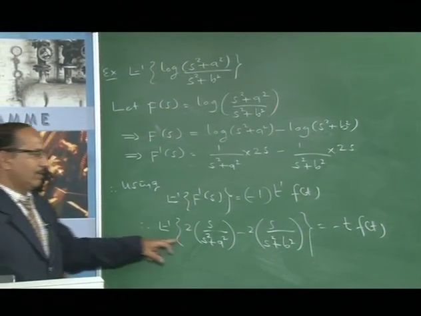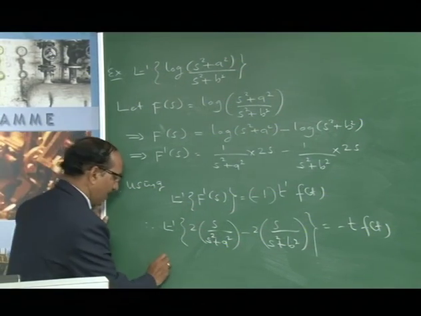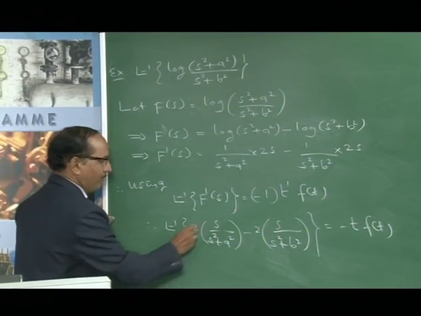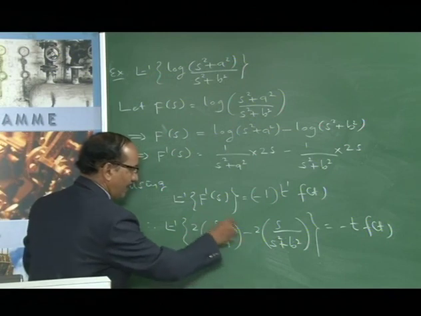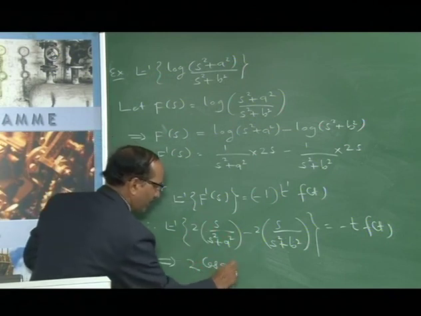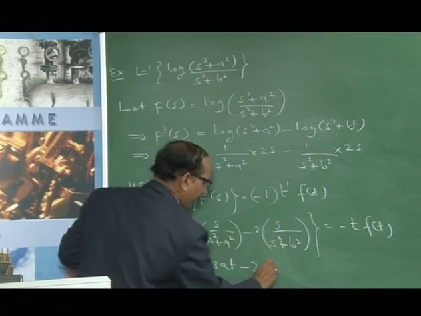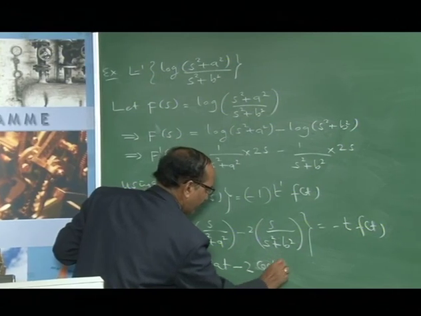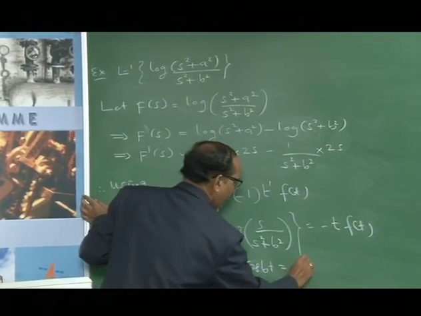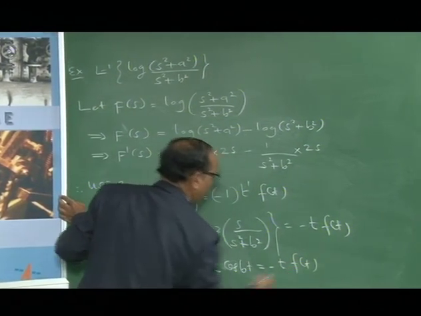So, I know the inverse of both the terms. 2 is common here, that implies 2 into cos a t, the standard one, minus 2 into cos b t, is equal to minus t into f of t.